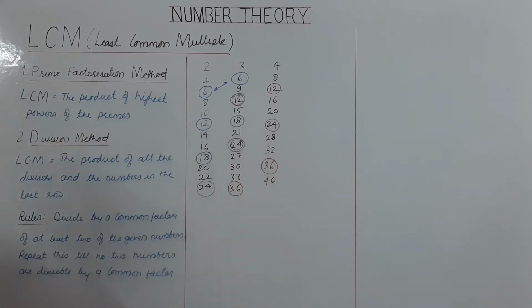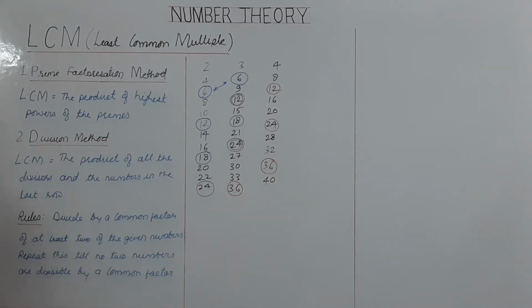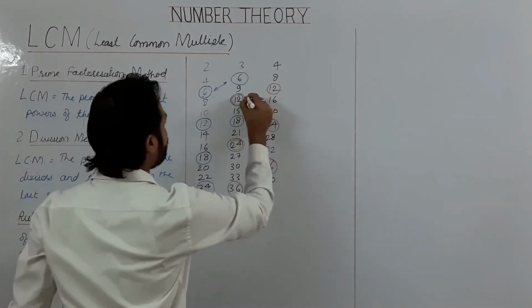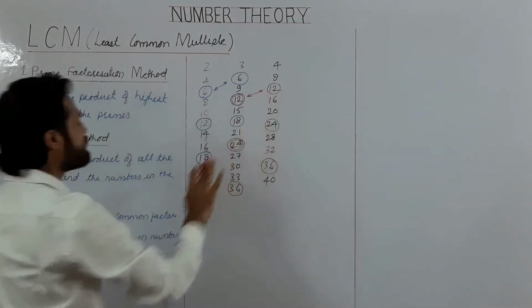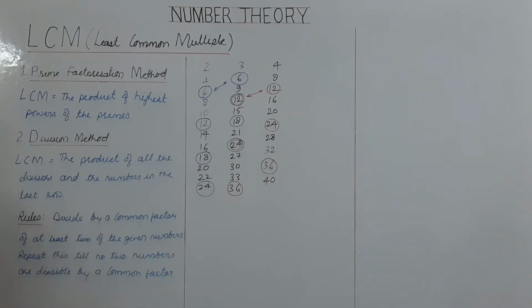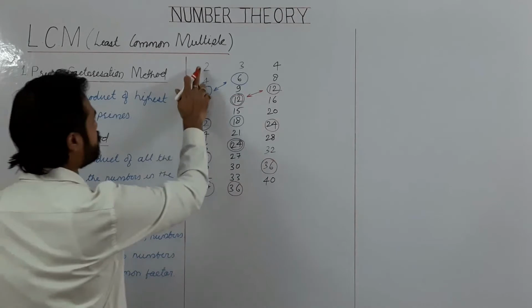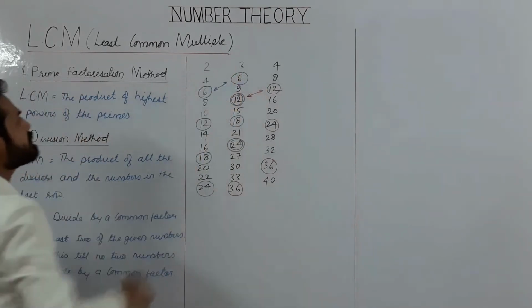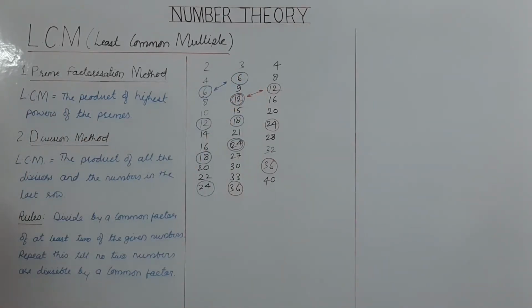So these numbers are 12, 24 and 36. These are common multiples of 3 and 4. Again, LCM or least common multiple is 12. 12 is LCM of 3 and 4. Now for 4 and 2, 4 is the least common multiple for 2 and 4.